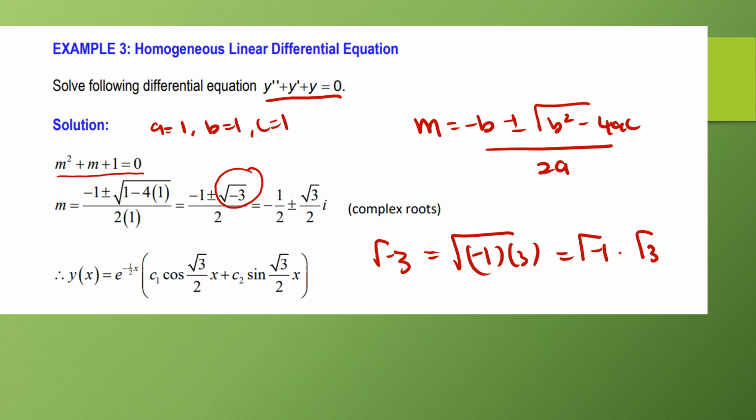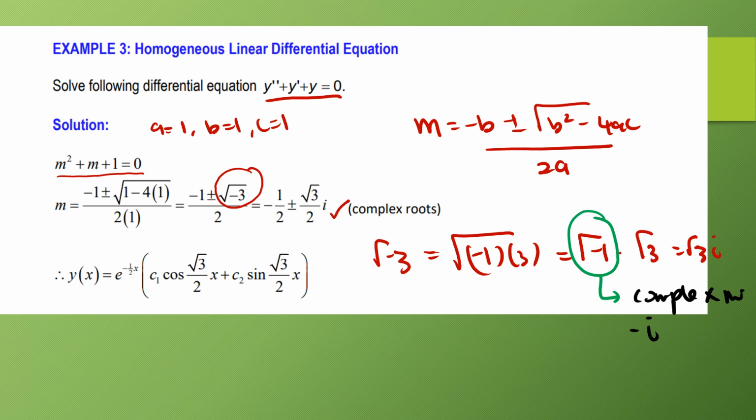In mathematics, the square root of negative 1 is related to complex numbers. We identify it as i. So therefore the square root of negative 3 is also equivalent with square root of 3 i. Therefore, our root here is negative 1 over 2 plus minus square root of 3 over 2 i.